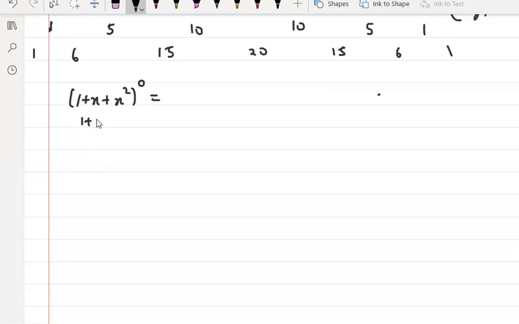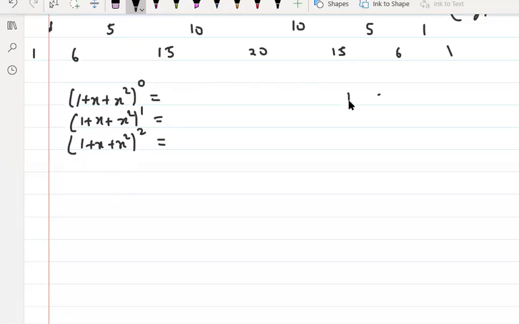Yes. So I will give you a bit simpler problem. Tell me, what is this? 1 plus x square whole power 0. What would it be? Very good, everyone. Anything to power 0 is 1.